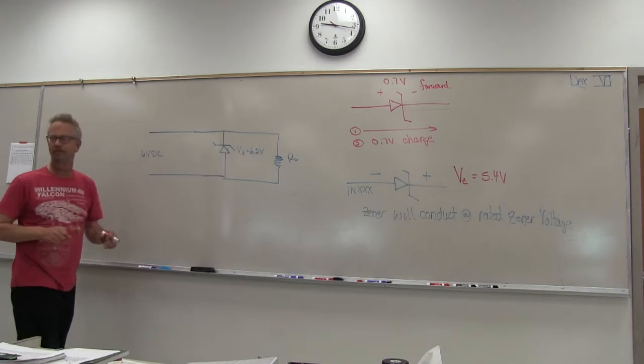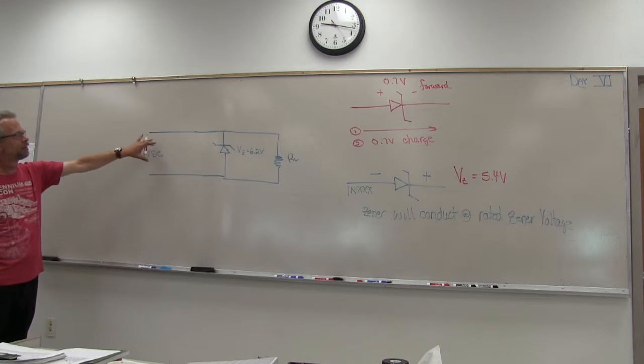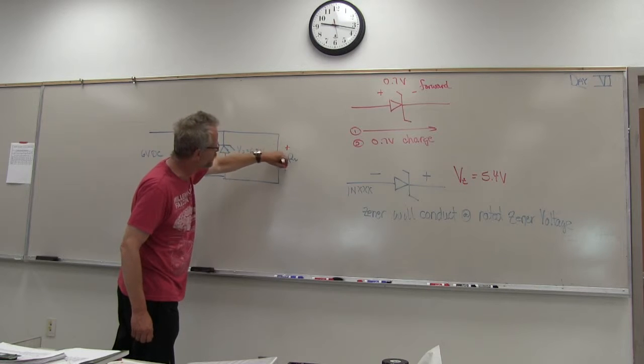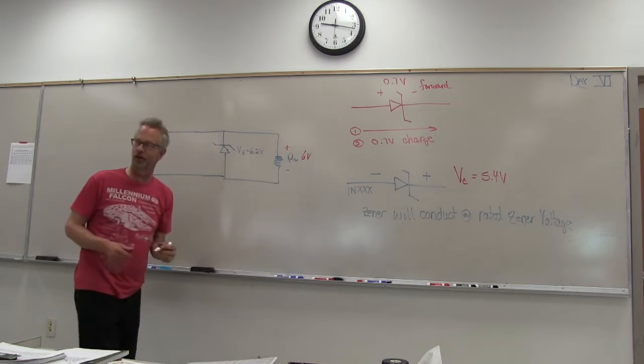All right. Here's a 6-volt circuit with a resistor, and what voltage will be across the resistor? 6 volts.